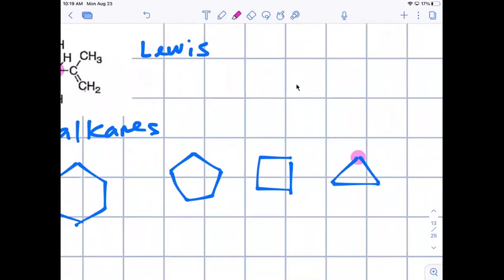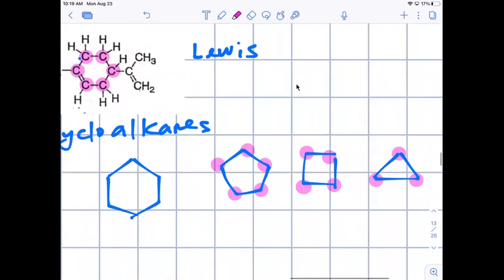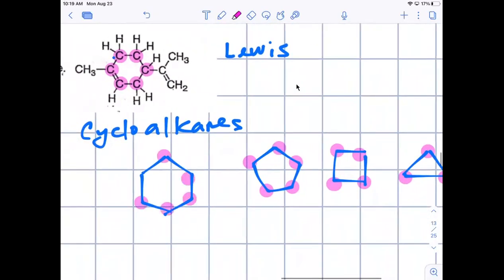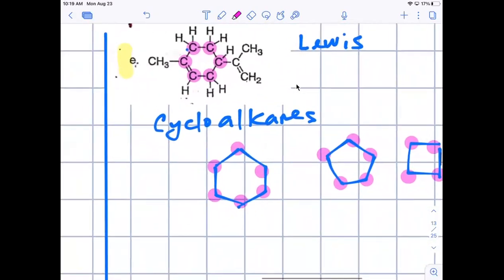Can you see that? That's 1, 2, 3 carbons, 4 carbons, 5 carbons, and then 6 carbons. I could also have a 7-carbon ring, which would be a heptagon: 1, 2, 3, 4, 5, 6, 7, and so on.